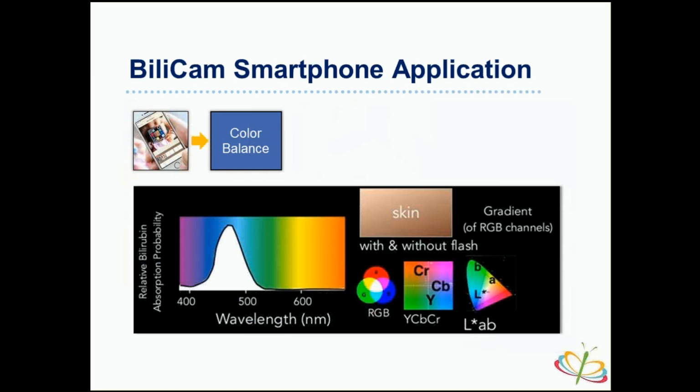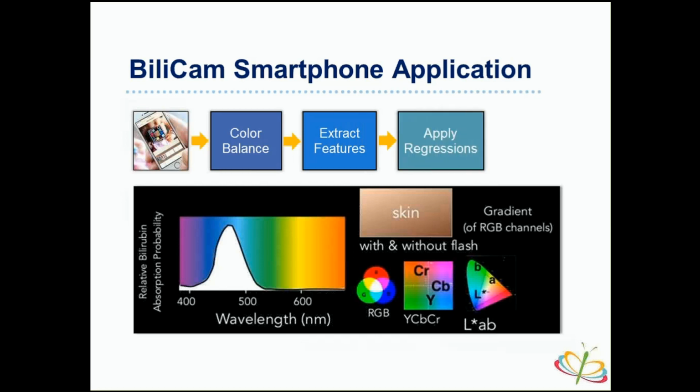Then they balance that against the known entities in the color card surrounding it. Then they extract certain characteristic features within that data and apply anywhere from 7 to 12 different algorithms, regressions within a larger algorithm, that allow us to predict or determine an approximate bilirubin estimate.